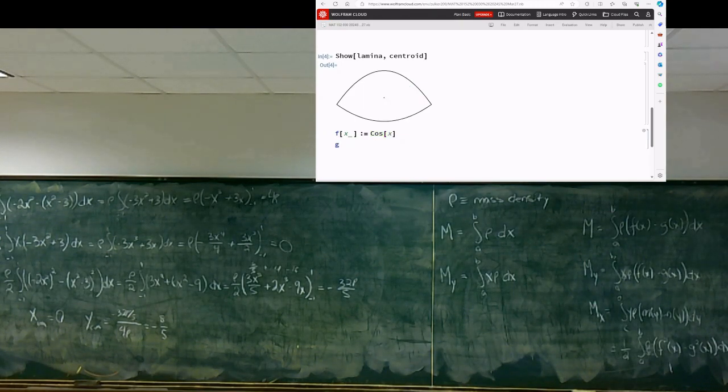We have cosine of x, but we also have 0, right? Because it's being bounded by the y-axis. Or I'm sorry, it's being bounded by the x-axis, so I don't want that. I'm going to need it when I go to plot.